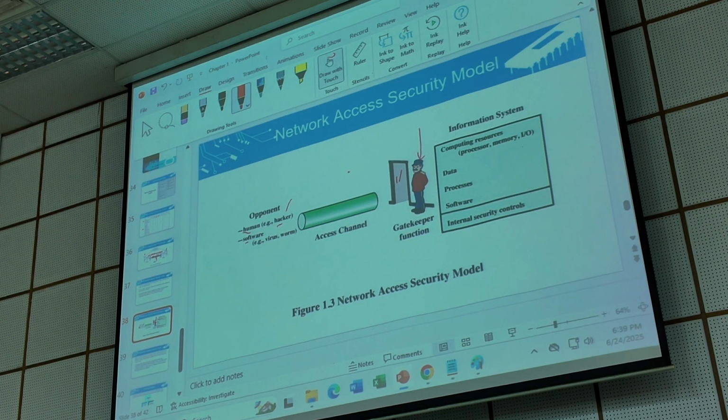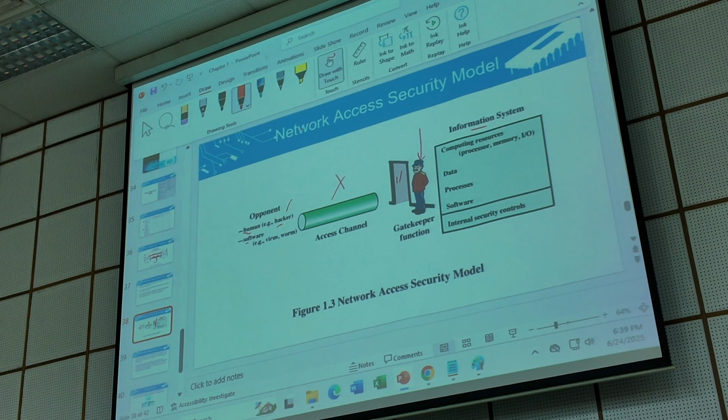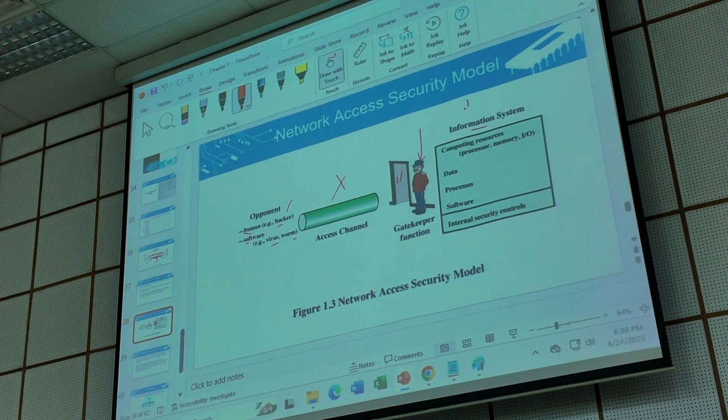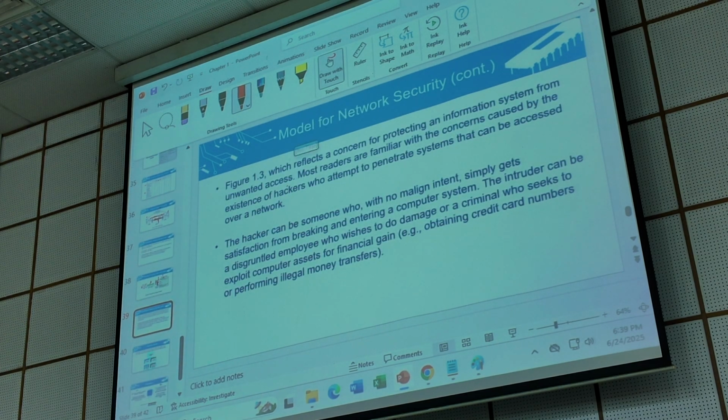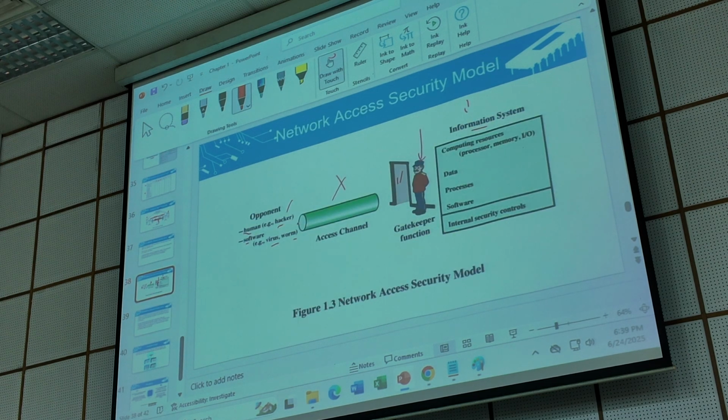This gatekeeper will block this hacker from entering the information system. This is the network access security model. Or the software, such as a virus or worm, this gatekeeper will block it from accessing the information system. So this one is explaining this diagram.